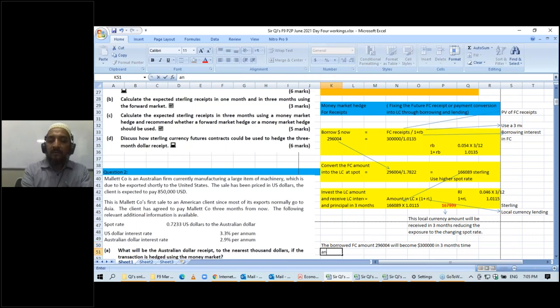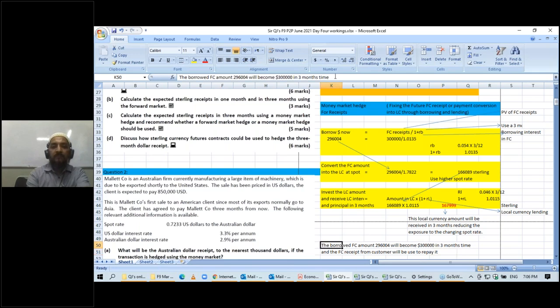And the expected foreign currency receipt from the customer will be used to repay it, with interest, in 3 months' time, right?